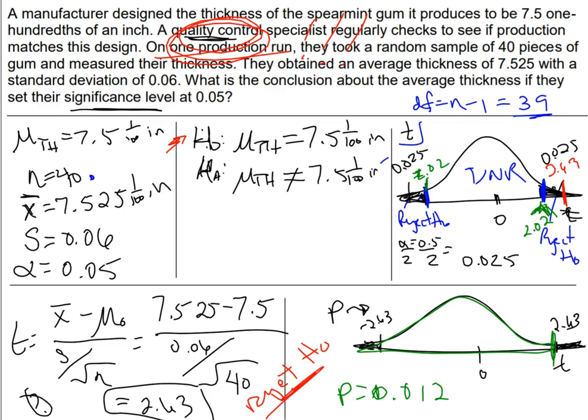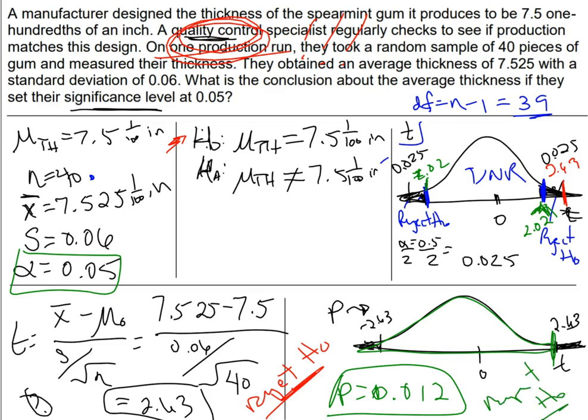0.012. How does this p-value compare to the level of significance, to our comfort with committing a type 1 error? This p-value is smaller than the probability that we were comfortable with committing a type 1 error. What does that mean? That means we still reject the null hypothesis, right?